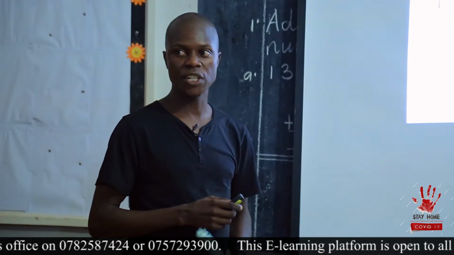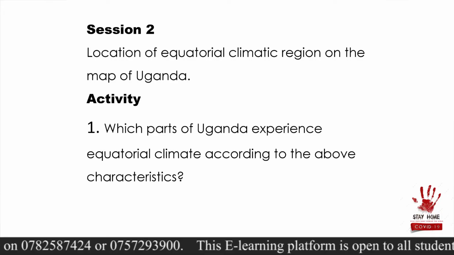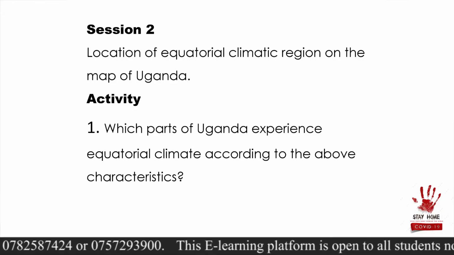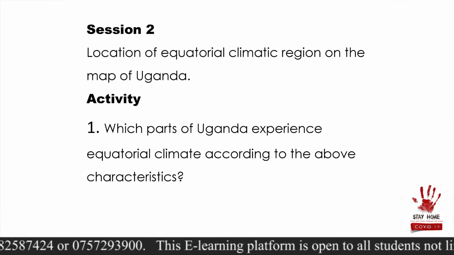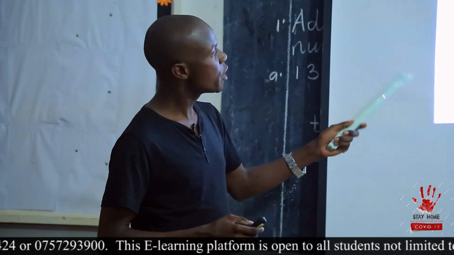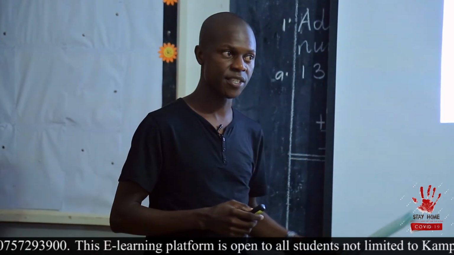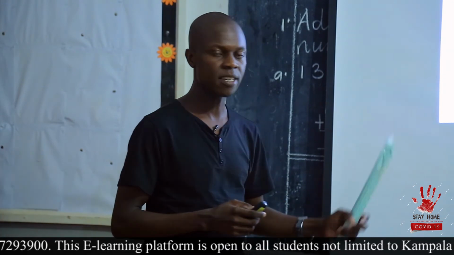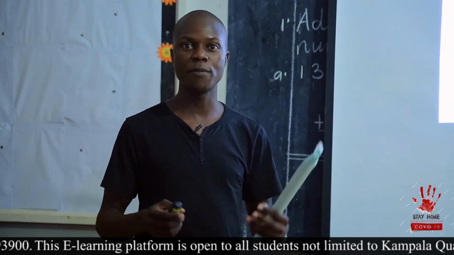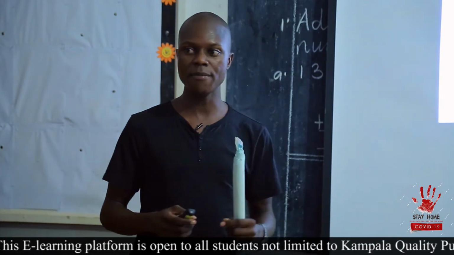In our session 2, I want us to identify those areas in Uganda that experience equatorial climate. Which parts of Uganda experience equatorial climate according to the above characteristics? We have seen things that can help you identify a region that experiences equatorial climate.